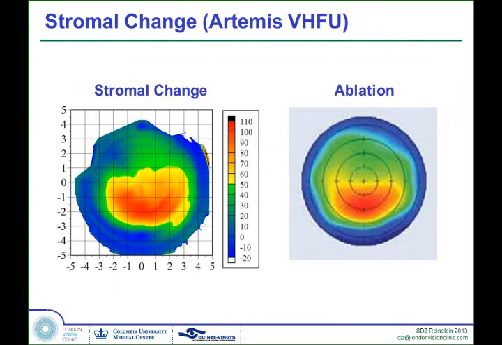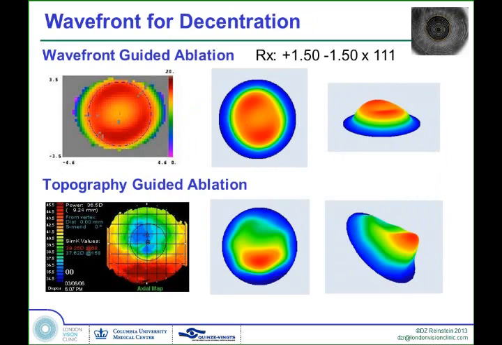And this is just to show that the stromal change matches the ablation profile very well. And if you look at the two ablation profiles, this shows that choosing topography-guided ablation was the right thing to do, and if you had decided to go for wavefront guided, you wouldn't have been able to treat the decentration in that case.